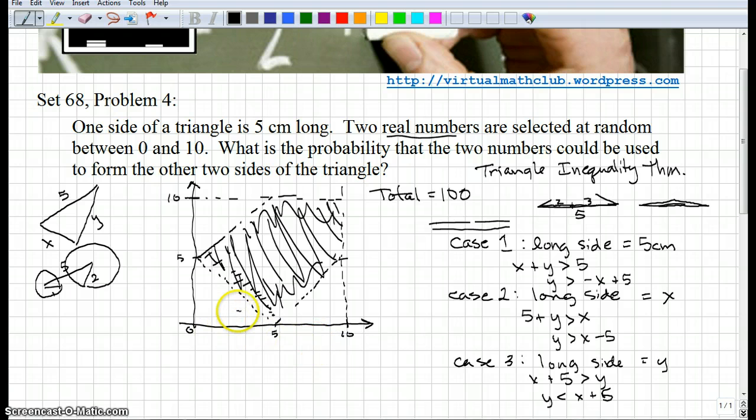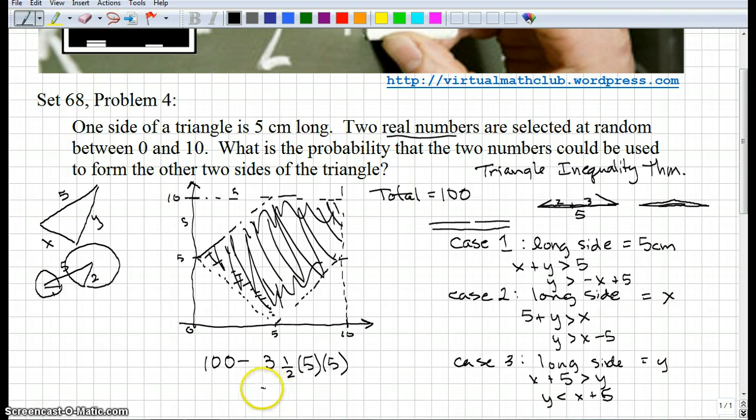So let's try and figure out what the area of that region is. Probably the easiest thing would be to take the whole square and subtract out these corners. So there are 3 corners, and the sides are 5 and 5 for each one. So we take the total of 100 and subtract out 3 of these half 5 times 5 corners, because each of these is basically half a square with length 5.